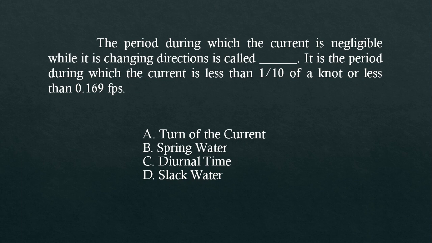The period during which the current is negligible while it is changing directions is called. It is the period during which the current is less than a tenth of a knot or less than 0.169 fps.